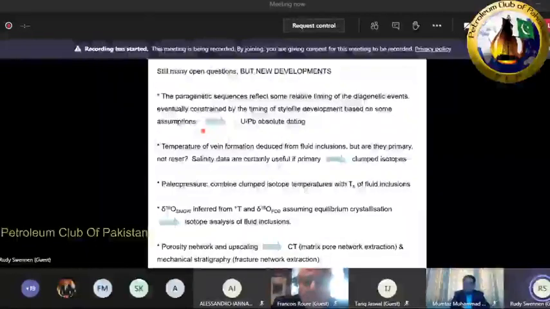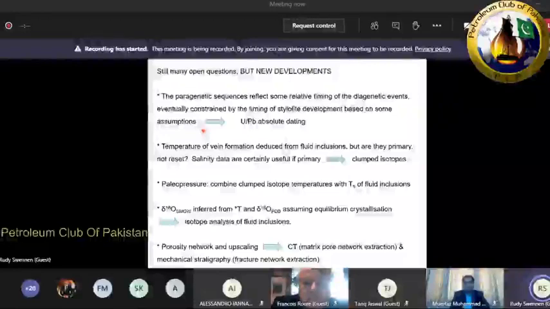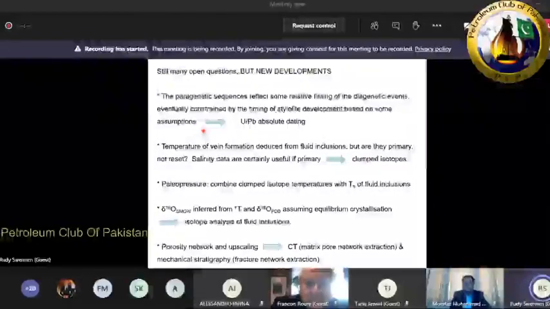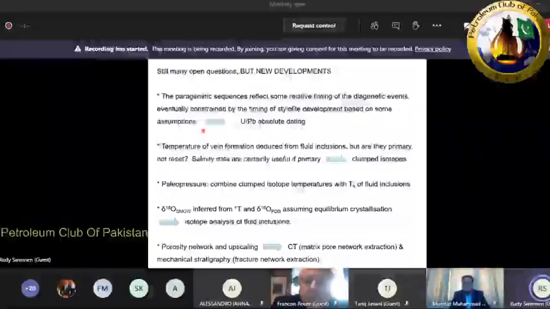So for example, the paragenetic sequences reflect some relative timing of diagenetic events, eventually constrained by the timing of the stylolite development based on some assumptions. When do burial stylolites develop, at 800 meters depth, for example, for that type of lithology, and so on. As I mentioned already, now we have the possibility to analyze calcite and dolomite by uranium-lead absolute dating.